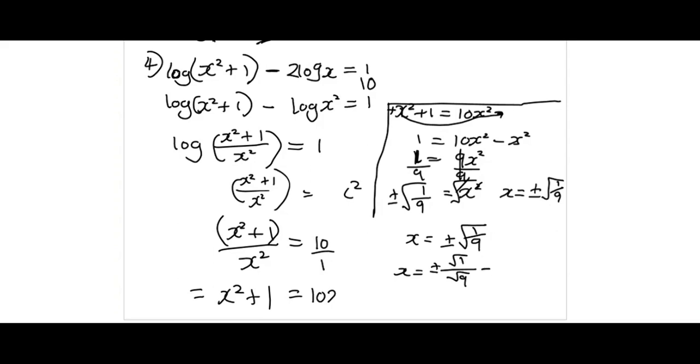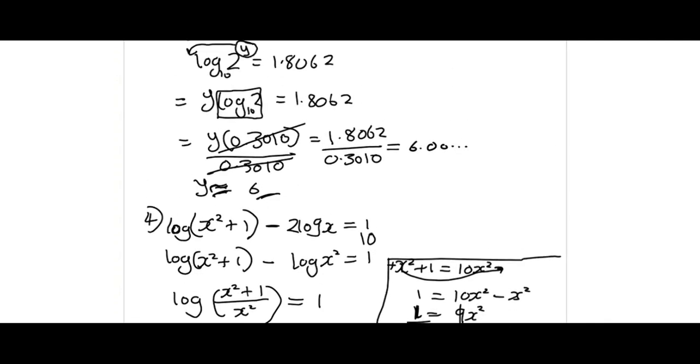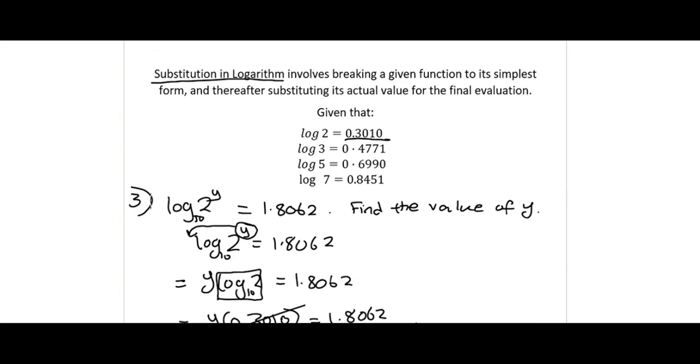The square root of 1 is 1 and the square root of 9 is 3. So our final answer for x is equal to plus or minus 1 over 3. So that's our final answer for that example.